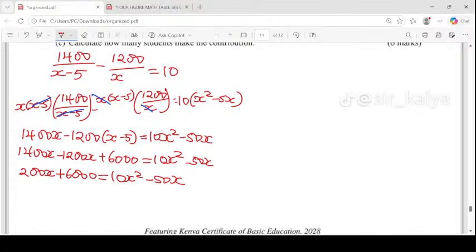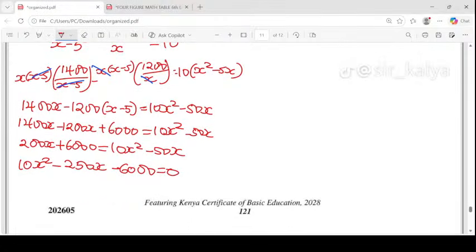Collecting like terms, moving everything to the right, I'm going to have 10x squared minus 250x minus 6000 is equal to 0. I can reduce this by dividing through by 10. This will become x squared minus 25x minus 600 is equal to 0.